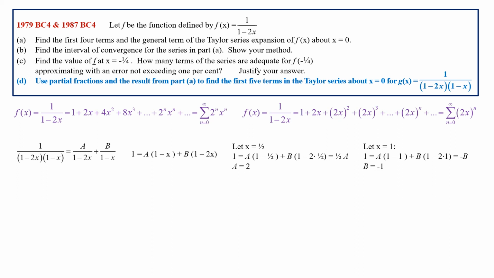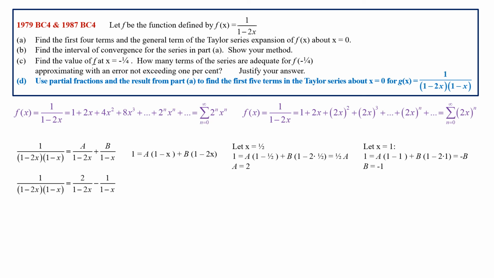Divide both sides by negative 1 and you get b equal to negative 1, which we can now plug into our original setup. And instead of looking at 1 over the quantities 1 minus 2x and 1 minus x, let's look at it as a subtraction problem. Let's look at it as 2 over 1 minus 2x being subtracted by 1 over 1 minus x.